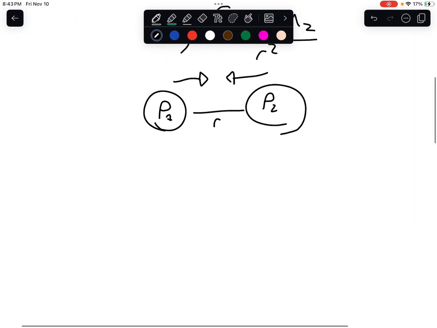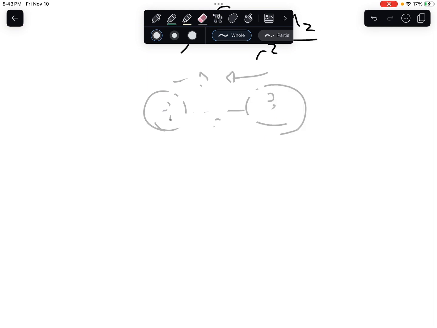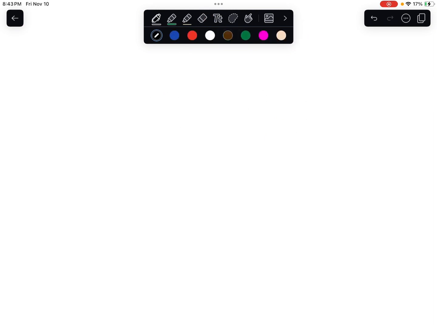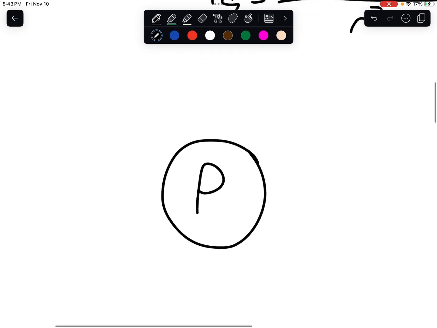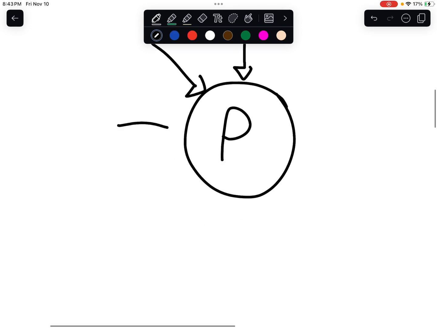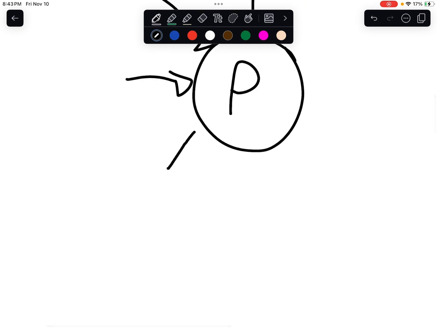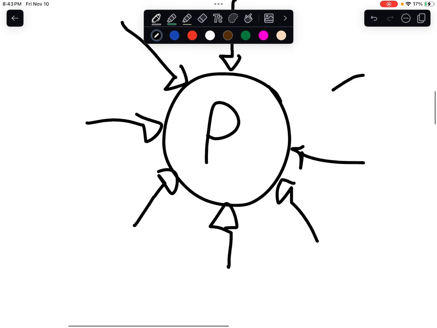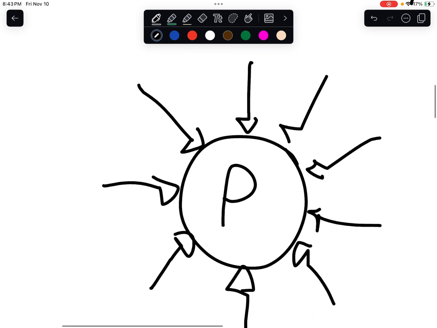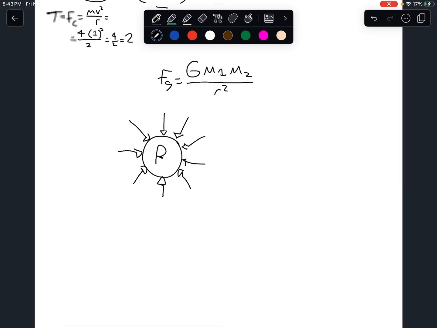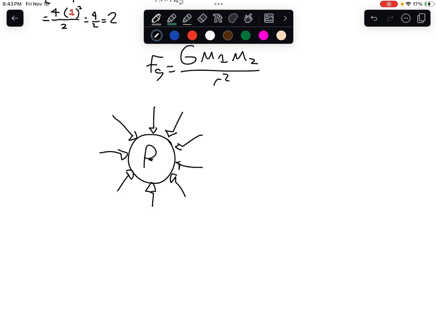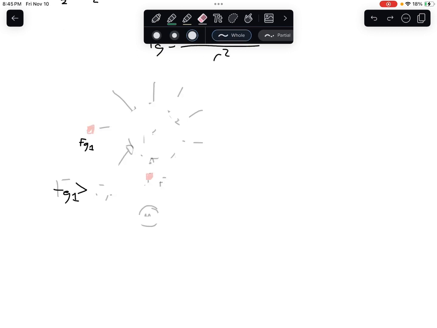What you also need to understand about gravity is that it's a field. If you have a planet, it will pull things in. All along this planet, there is a field of gravity, because wherever you are around the planet, it's going to pull you towards its center. Gravitational fields surround an object.